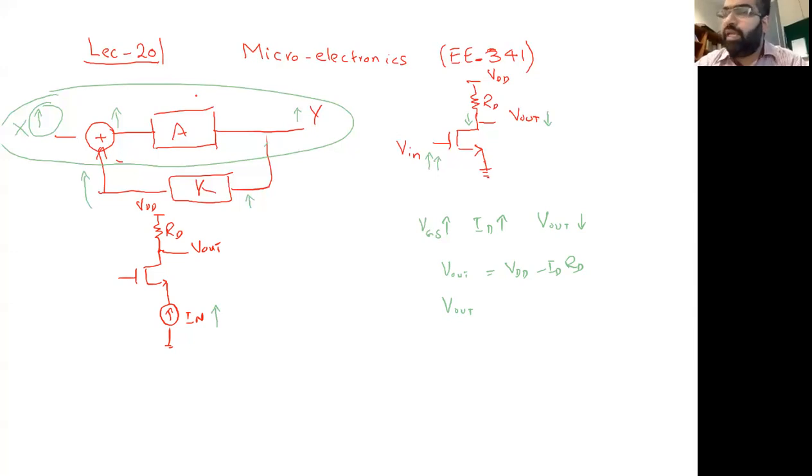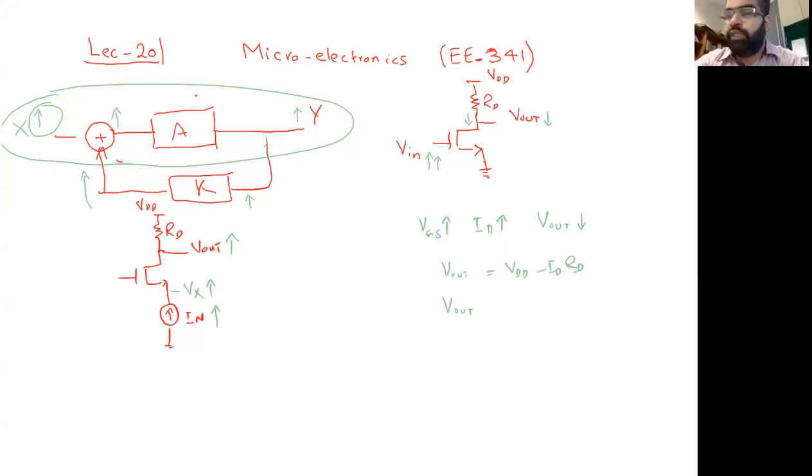This I in is going here and it's converted into some voltage. So if I in goes up, this voltage Vx here will go up. If this voltage goes up, what will happen with the V out? Since it's a common gate amplifier, the voltage will also go up because it's non-inverting in nature. So V out will go up.